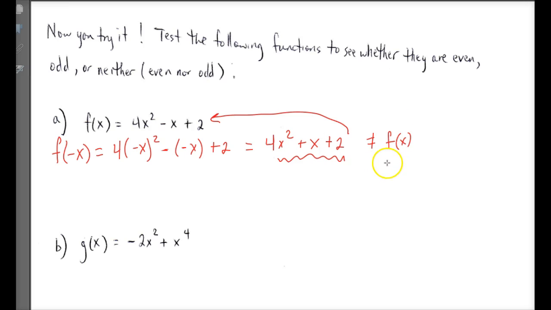And if we had negative f of x, I'll write that right here, that would mean we change all the signs of each of our terms, which would give us a negative 4x squared plus x minus 2.